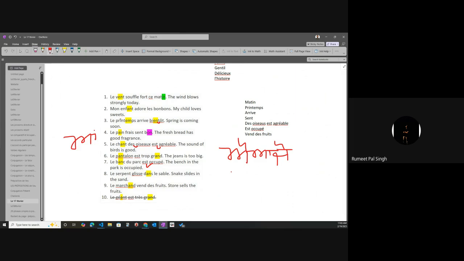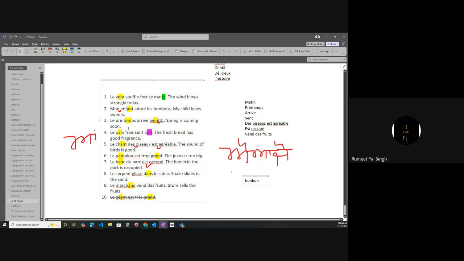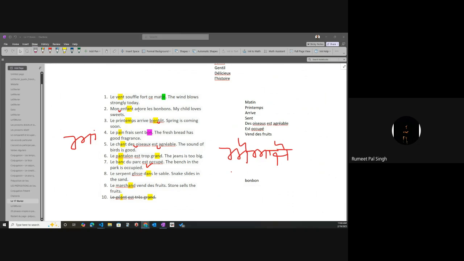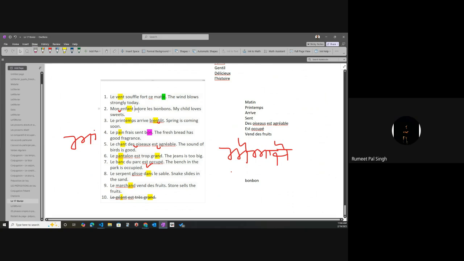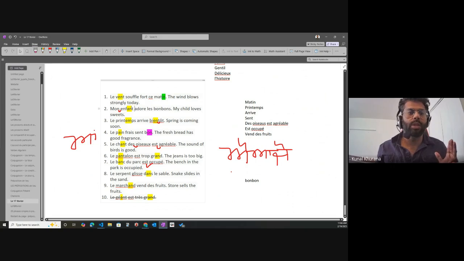Le bonbon. Mon. How will you do the conjugation? So conjugation, with mon enfant it is singular. Mon enfant means he, il. So you can say il, troisième personne du singulier. So adore.